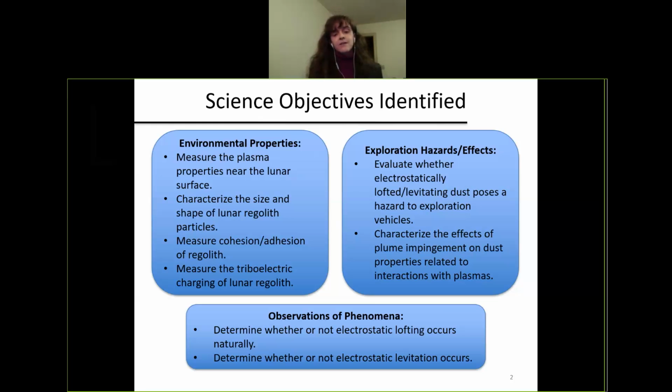And then finally, we have higher level goals concerning observations of these physical phenomena. So understanding whether or not electrostatic lofting and levitation happen in situ, and making some observations with modern technology to try to constrain these effects. Next slide.